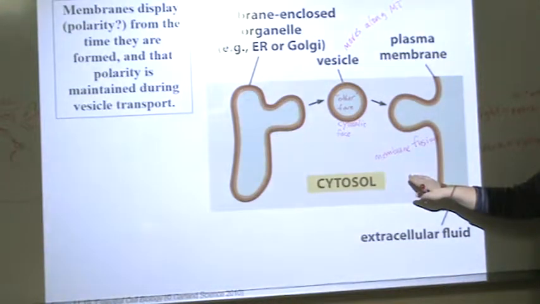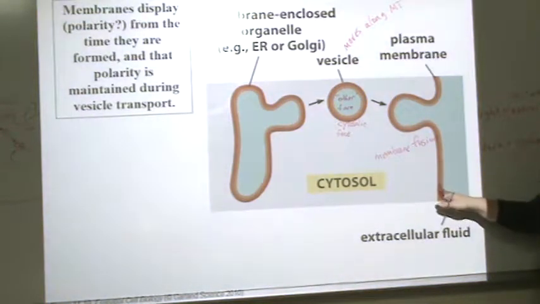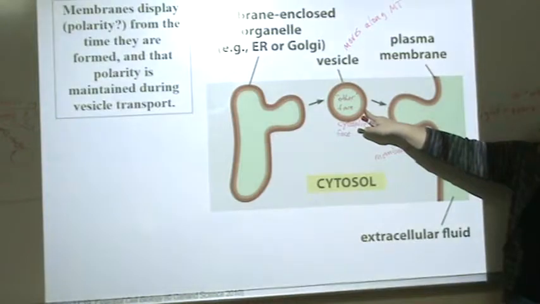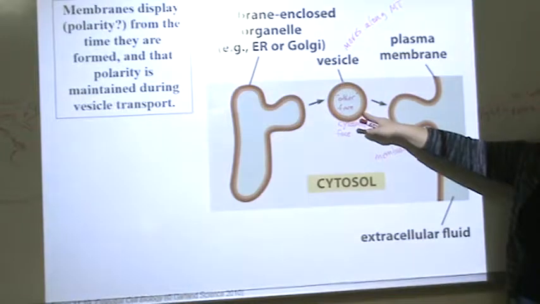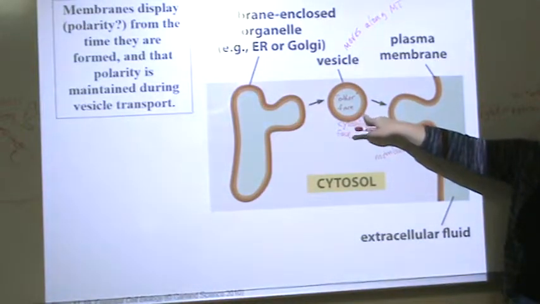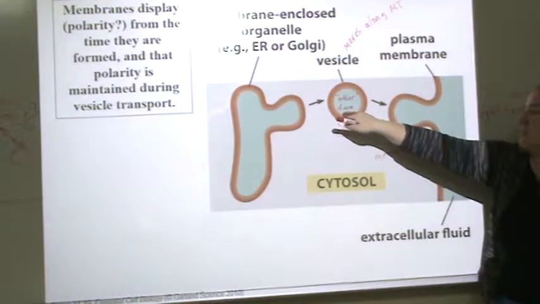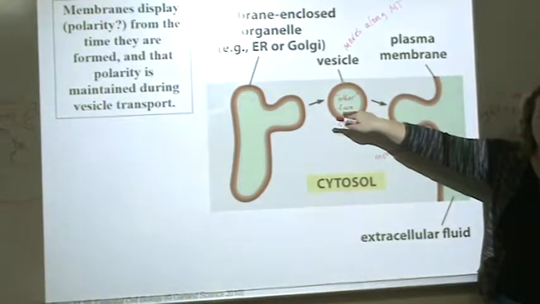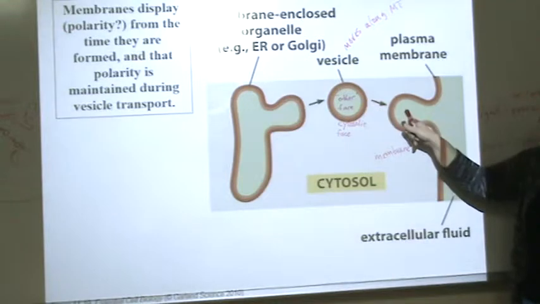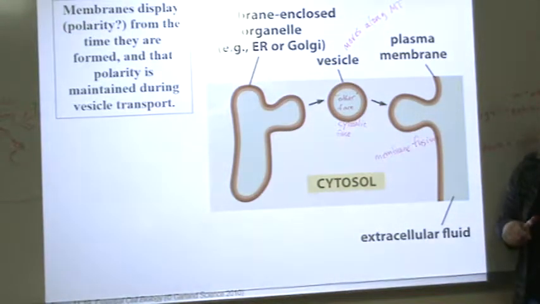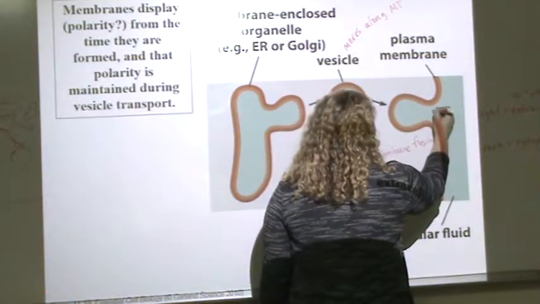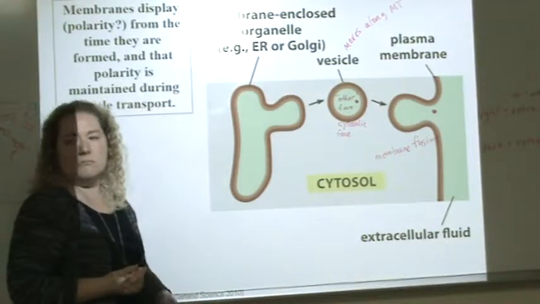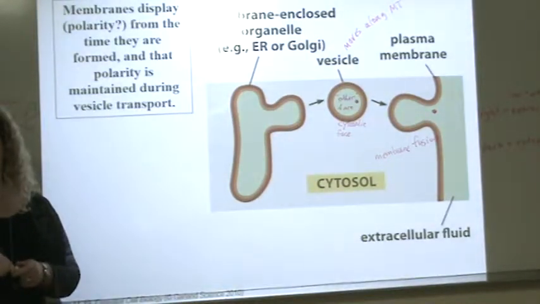So lysosomes would, ER would, Golgi would. Cytosolic phase must always be the cytosolic phase because of the way membranes fuse. So the outer leaflet of a vesicle must be the cytosolic face, and the interior of the vesicle is the other. If this is going to the plasma membrane, the other becomes the extracellular face. And what this means is that whatever was carried on this side is released on this side too. Does that make sense? Yes.